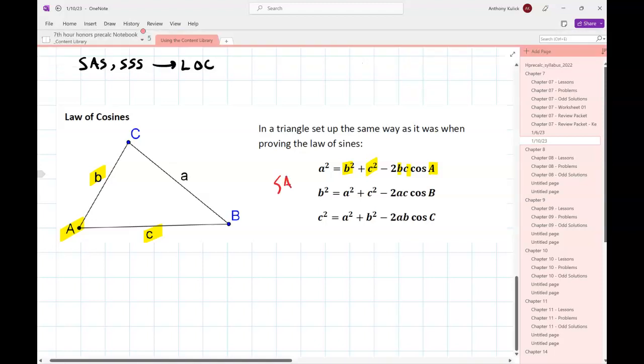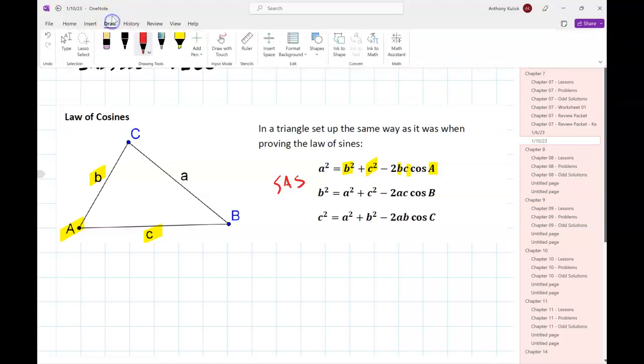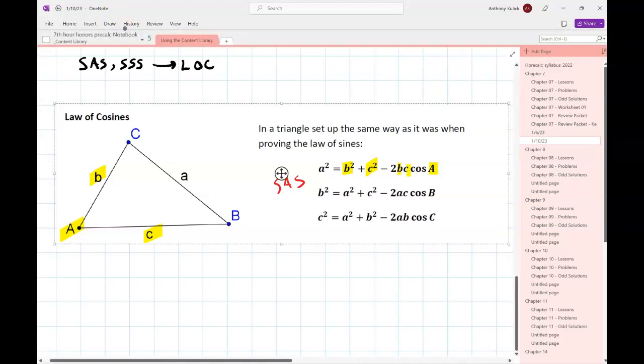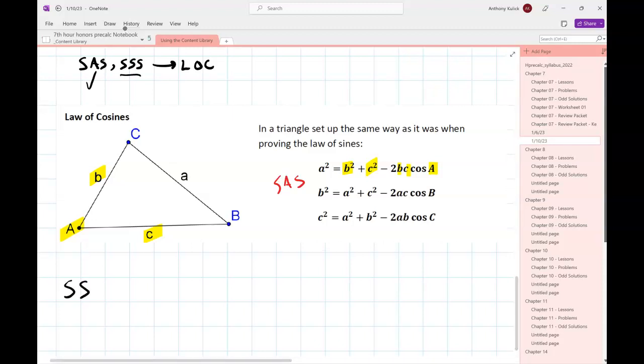Yeah, this is our side angle side situation. Everybody's cool with that? So it'll allow us to find the third side in a side angle side situation. Well, that's one of the 2 cases. What about the side side side situation?